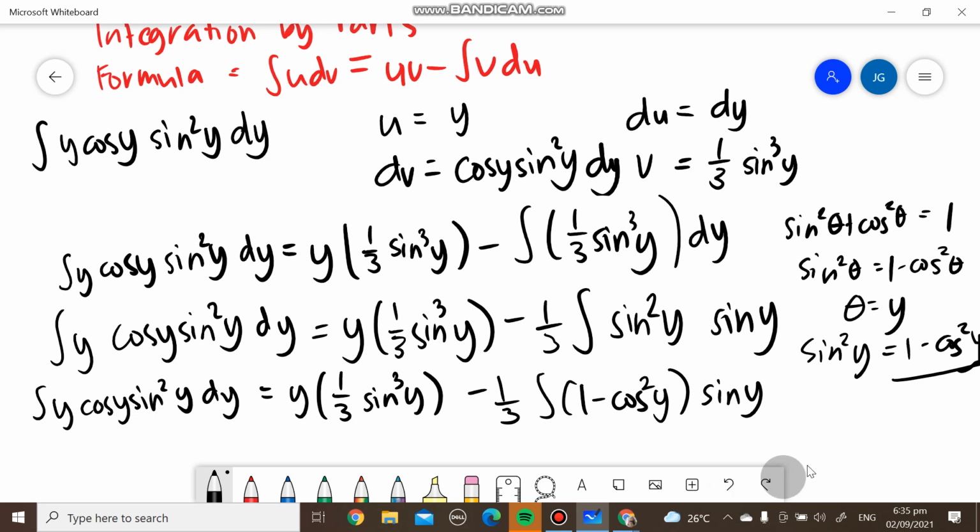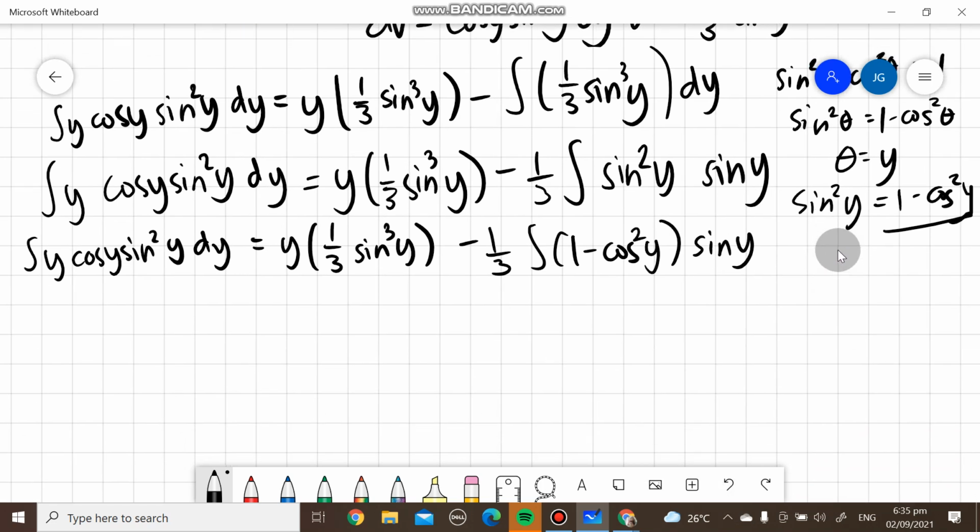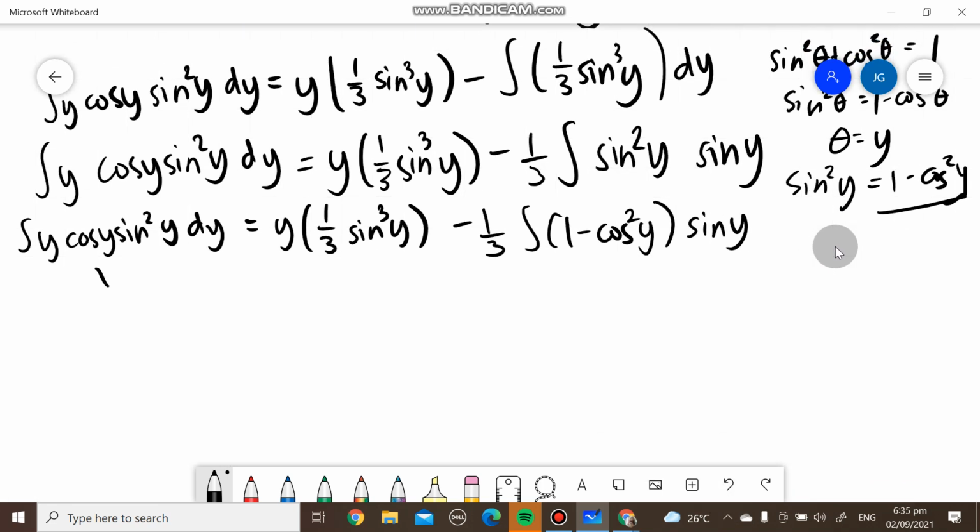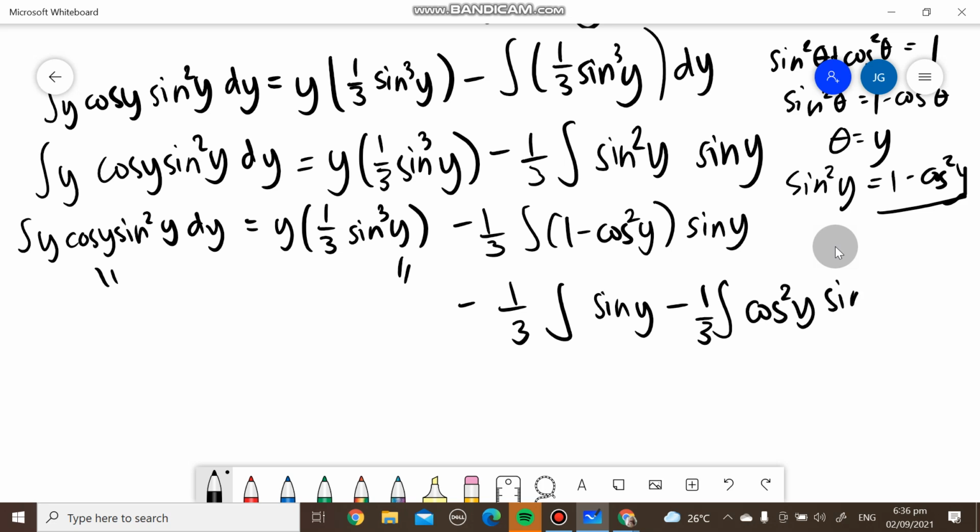So with that, we distribute the sine y. So ito, copy nyo lang to all throughout. So we have 1/3 the integral of sine y minus 1/3 the integral of cosine squared y sine y. So, ang mangyayari dito is that ito, integrable na siya.